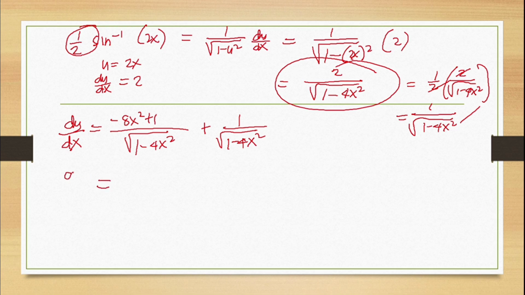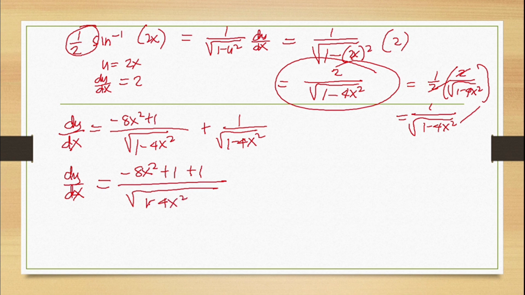So this will become dy over dx equal to negative 8x squared plus 1 over the square root of 1 minus 4x squared, same LCD.